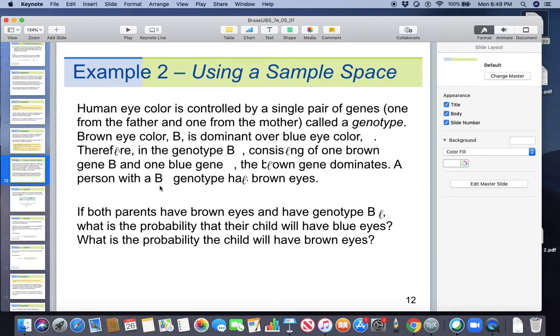A person with this genotype has brown eyes. If both parents have brown eyes and have this genotype, what is the probability that their child will have blue eyes? What is the probability the child will have brown eyes?